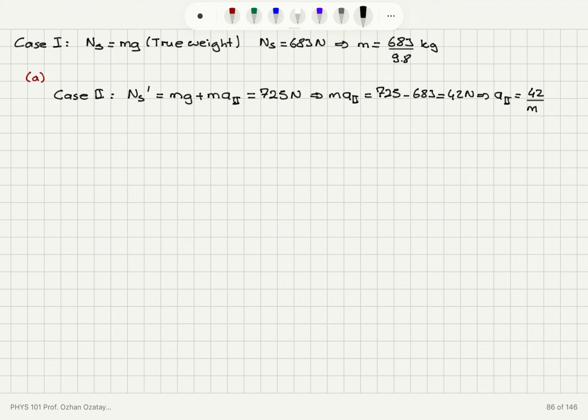So the acceleration in the second case, therefore, will be equal to 42 newtons times 9.8 over 683, because the mass was 683 divided by 9.8, and that will be equal to 0.603 meters per second square, pointing upward.